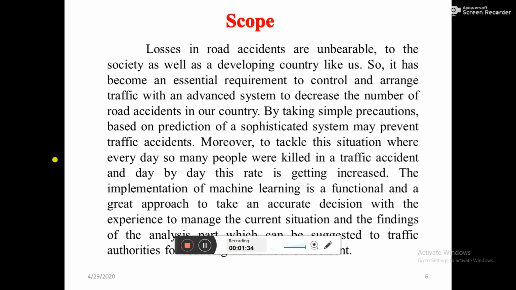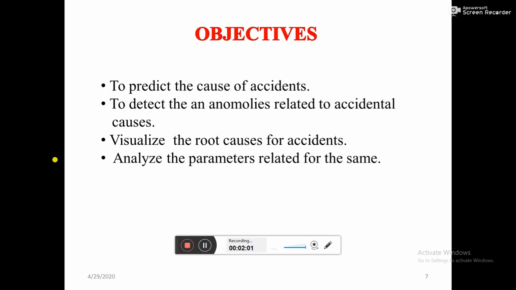To tackle this situation, where every day many people are killed in road accidents and the fatality rate is increasing, the implementation of machine learning is a functional and great approach, so as to take accurate decisions with experience to manage the current situation. The findings of the analysis can be suggested to our traffic authorities so that the problem can be tackled.